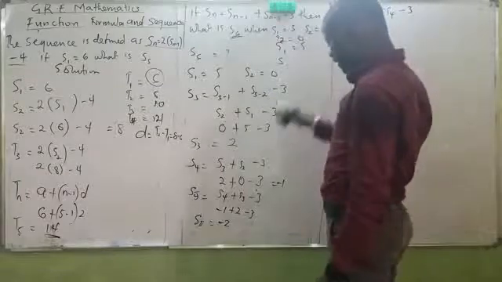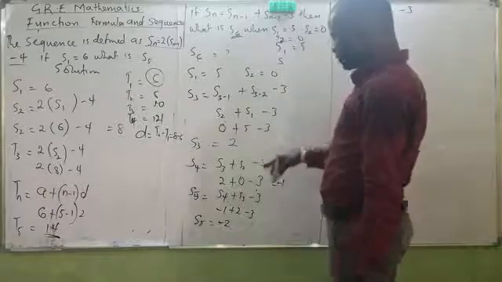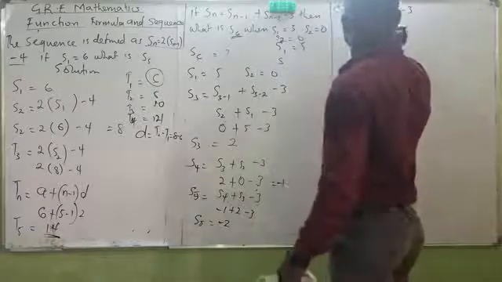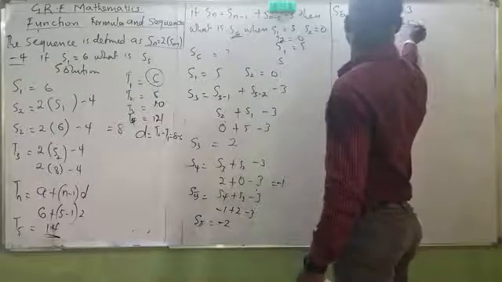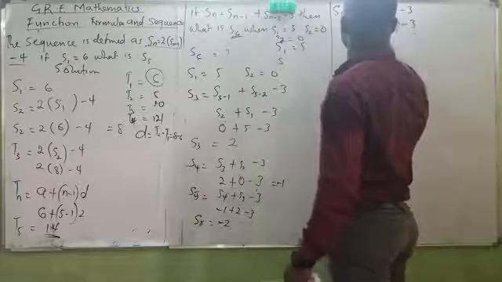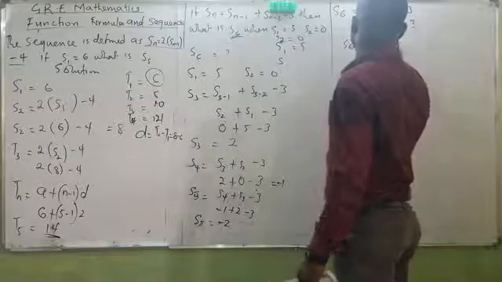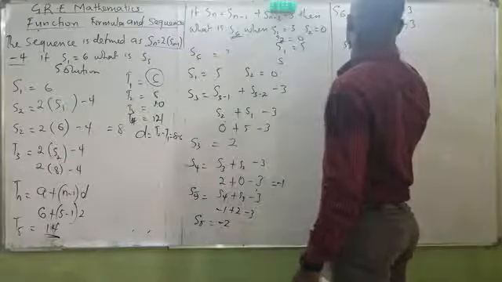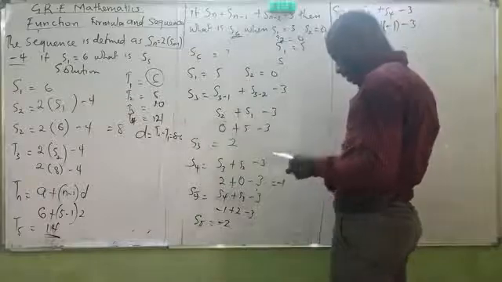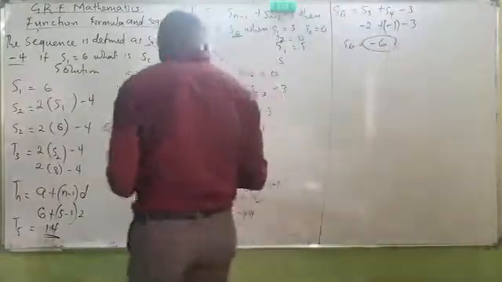My S5 is given already, minus 2, plus S4 is minus 1, minus 3. Now S6 will be equal to minus 1 minus 6. Yes, minus 6. That is what I just need to do, and this is what I'm looking for.